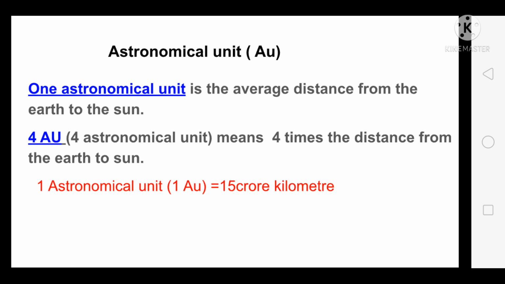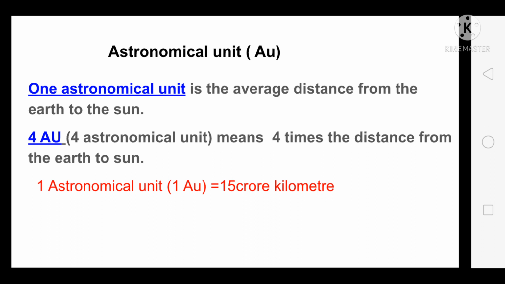Two astronomical unit means 2 times the distance from the Earth to Sun. 4 astronomical unit means the distance between those two objects will be 4 times the distance between Earth and Sun.